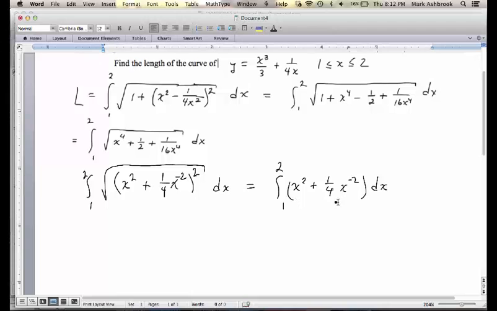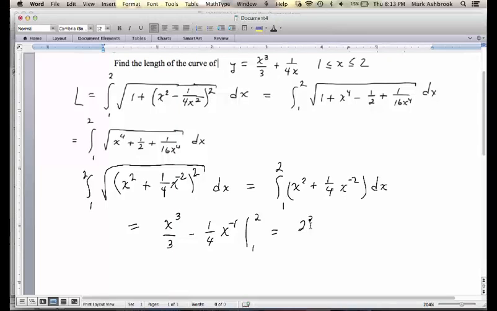And now I've got a really easy integral. X cubed over 3, and this would be x to the minus 1, so minus 1/4 x to the minus 1. Let's just check to make sure that's right. Take the derivative. Negative 1 times negative 1/4 is positive 1/4 x to the minus 2. Okay, and we're going to evaluate that from 1 to 2.